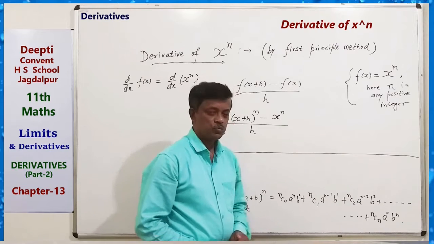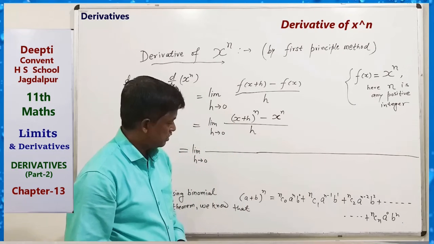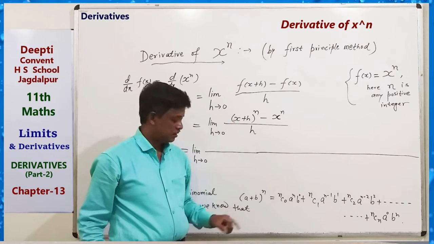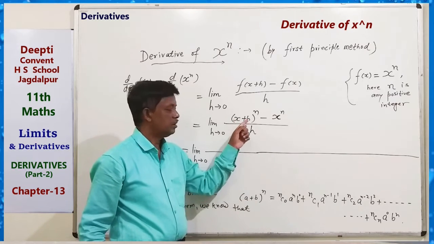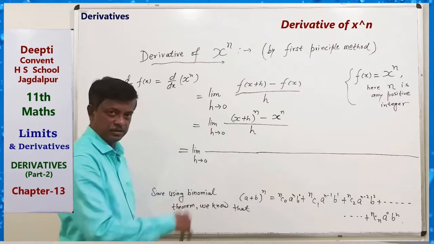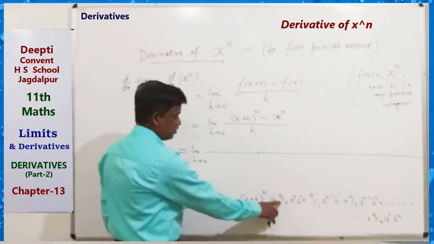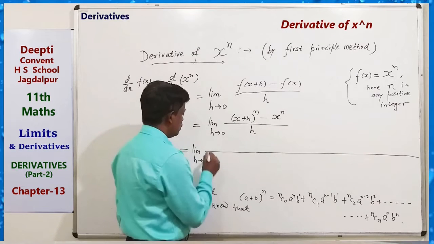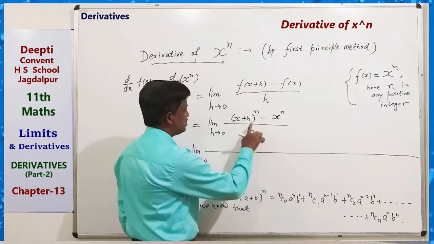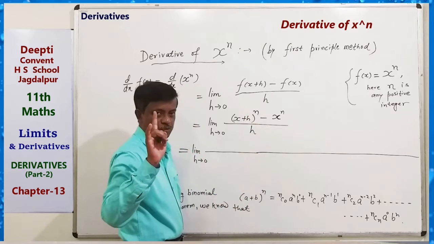Here, in place of a, x, in place of b, h. So just write using this formula. nC0 means 1, so 1 into a power n, b power 0; h power 0 means 1.